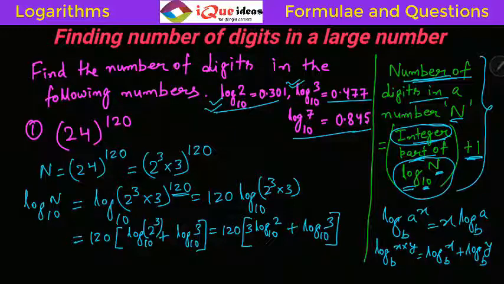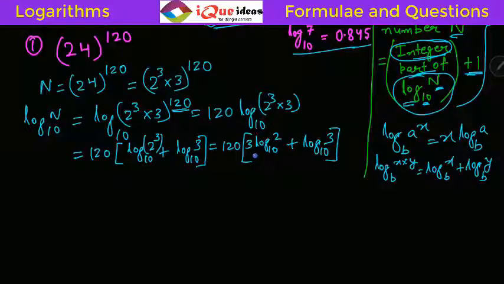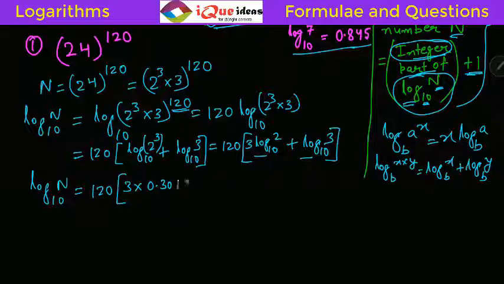Alright, so what we can do is, we can put the values of logs here and we can calculate log of n to the base 10 as equal to 120 into 3 into log 2 to the base 10 is 0.301 plus log 3 to the base 10 is 0.477, right?